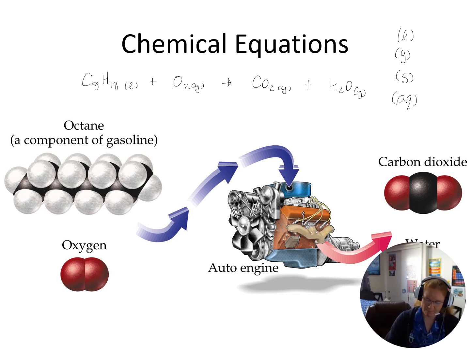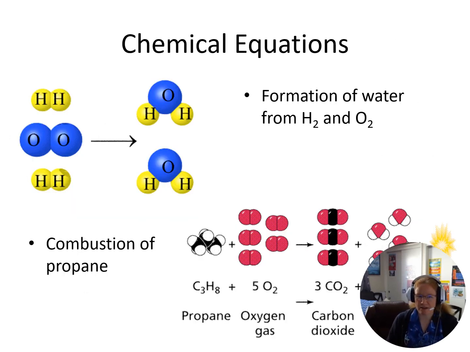All right, so here again, we have some depictions of equations. Oh, I forgot to move this bottom one. So it's covered up by my little picture screen here. So formation of water from H2 and O2. So I get hydrogen gas, I have oxygen gas, and I'm going to get my water, at a high temperature, and then we condense it down.